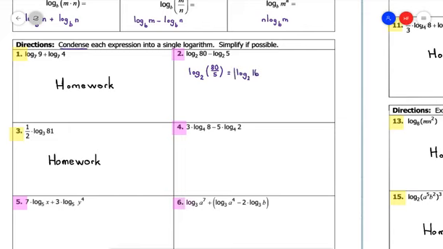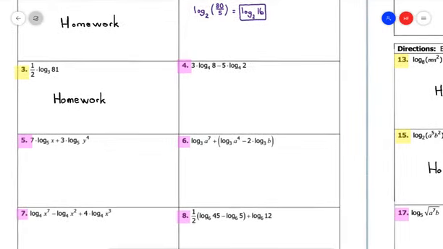So we've got log base 2 of 16. Number 4, we've got quite a bit going on here. So first thing we're going to do is make those coefficients powers.